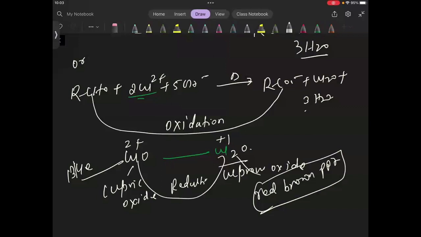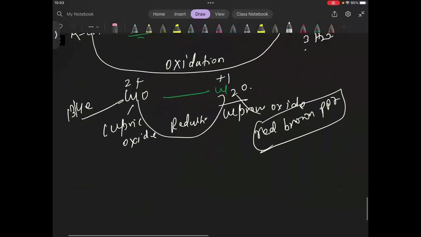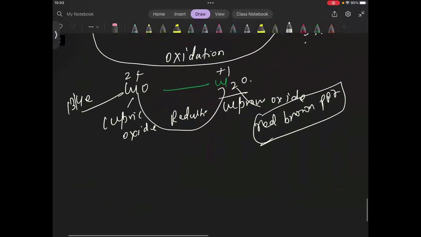How does the Fehling solution work? Okay, now the interesting fact is that the Fehling test only gives a positive result with aliphatic aldehydes. I write here Fehling test.